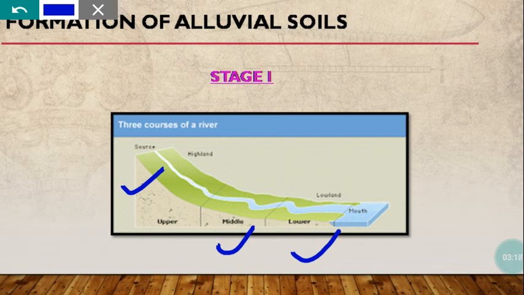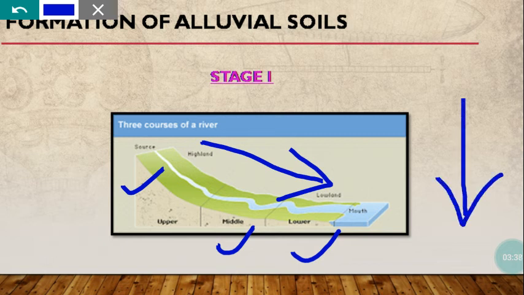As in the upper course the height of the landform is high, the river moves very fast. Gradually, when it comes near the mouth or the lower course, the force of the river reduces.